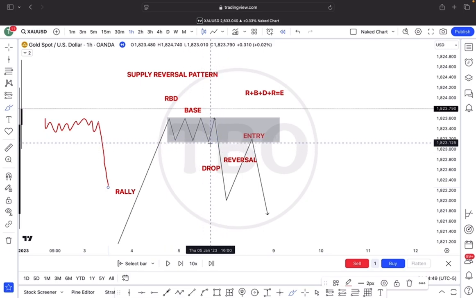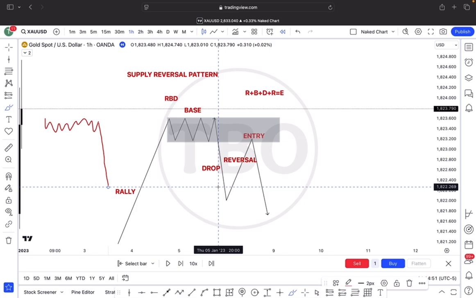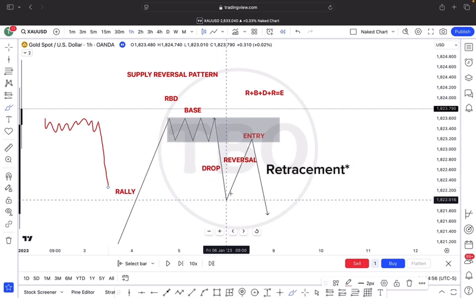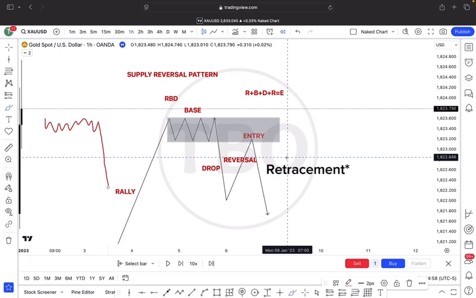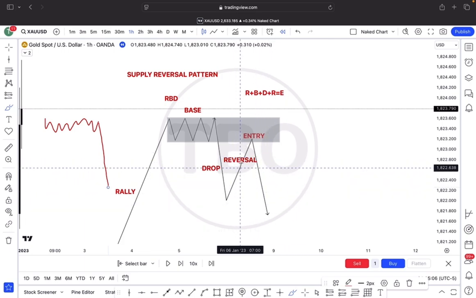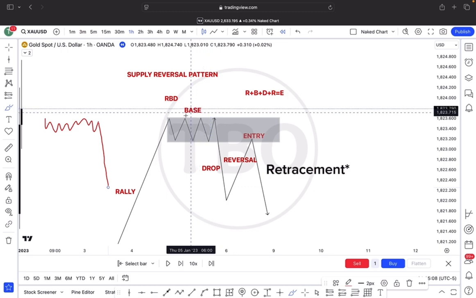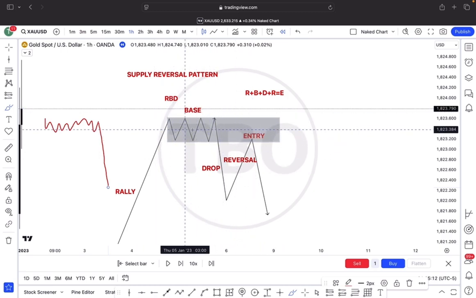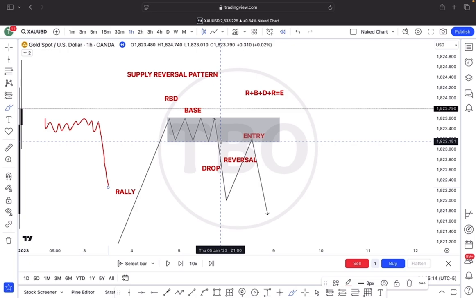So once we have that market structure shift to the downside, which is the drop, now we'll be waiting for a reversal. As you all know, Forex is about patience, guys. You have to be very patient, because patience pays. After we get that reversal, when price comes back to the supply base, that's where we would be looking for our entry.